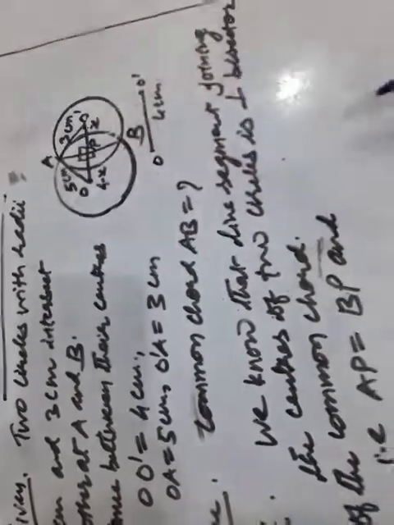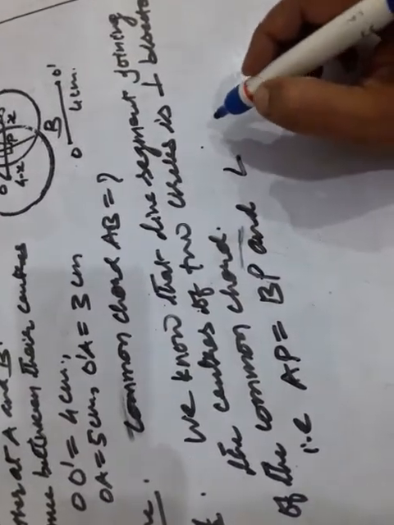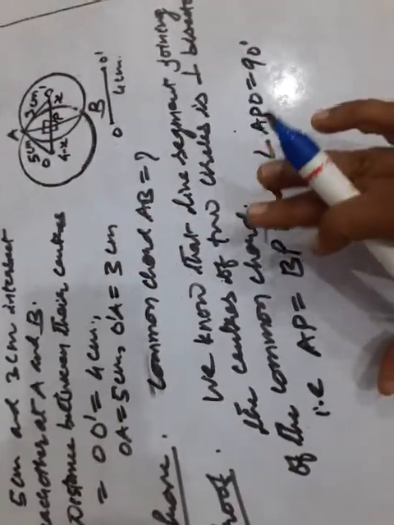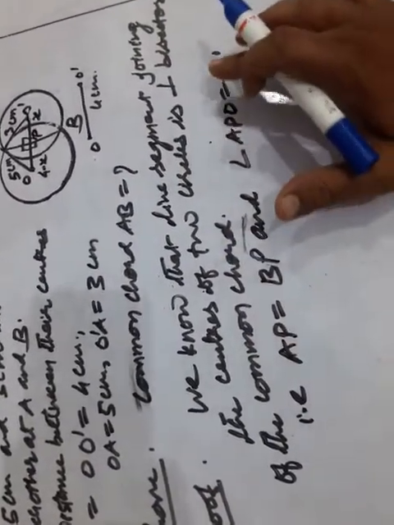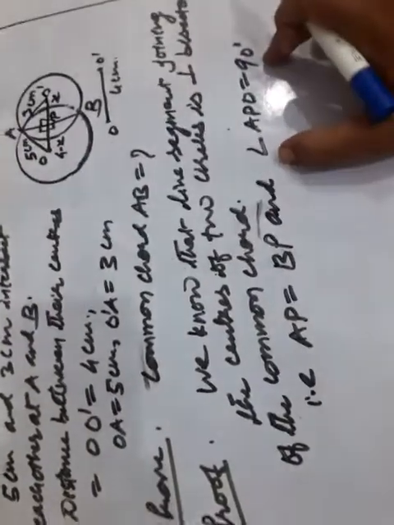Angle APO equals 90 degree. Actually, all the four angles are 90 degree. This is the concept: the line segment joining the centers of two circles is the perpendicular bisector of the common chord, that is AP equal to BP, the bisector, and angle APO equal to 90 degree, meaning perpendicular. Okay, children, now let us see.